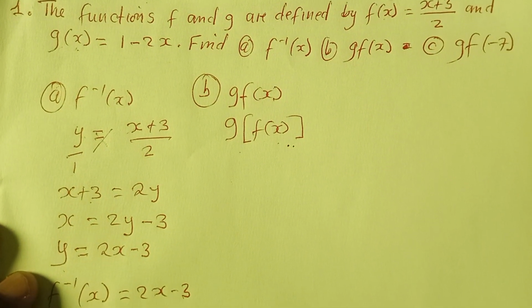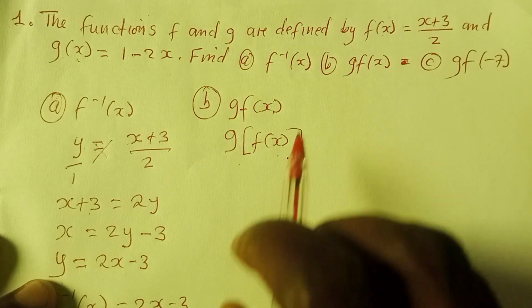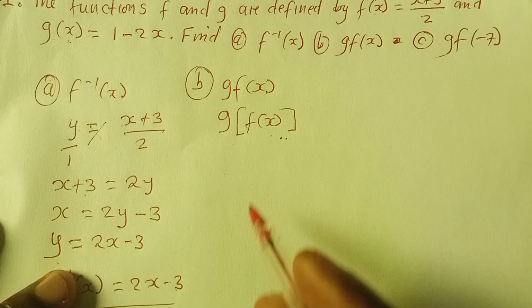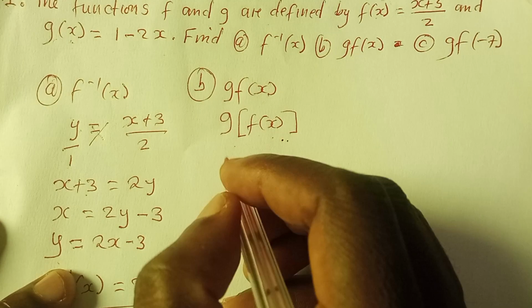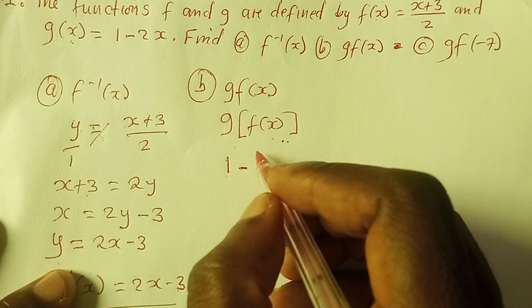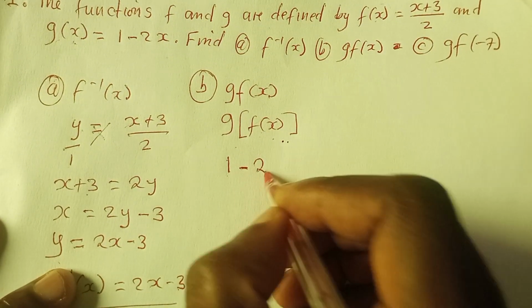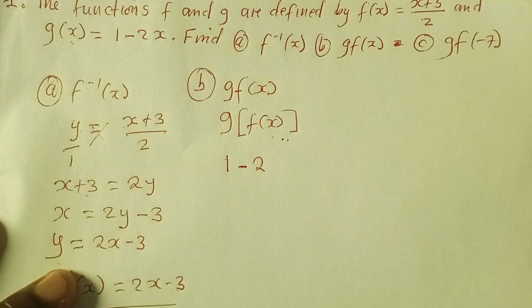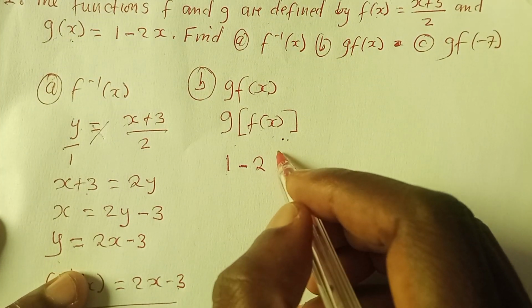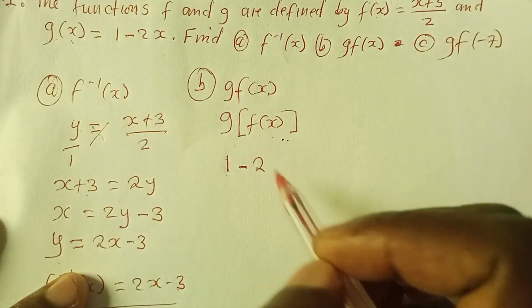So that's the one that we are going to put there. Let's start. Here we have 1, then minus, that is for g of x. Where there is x, we have minus 2, and where there is x, we put the f of x here.